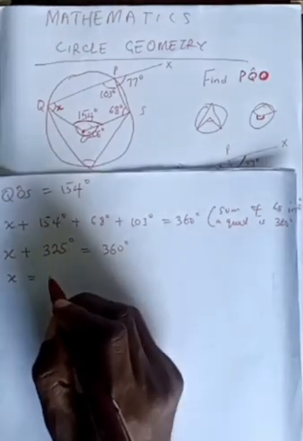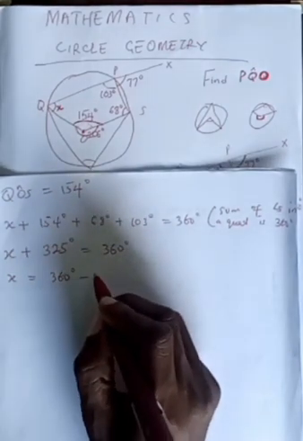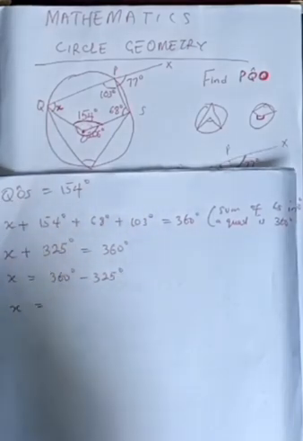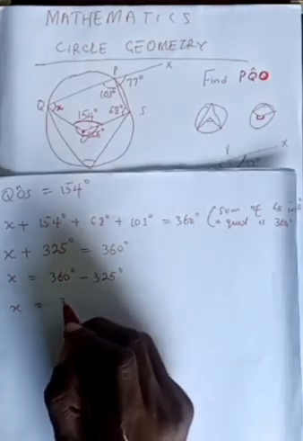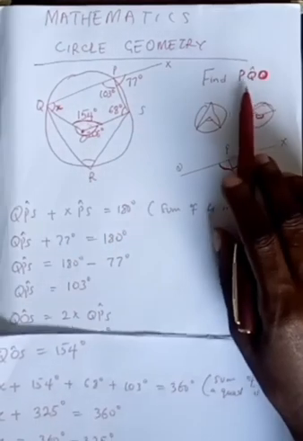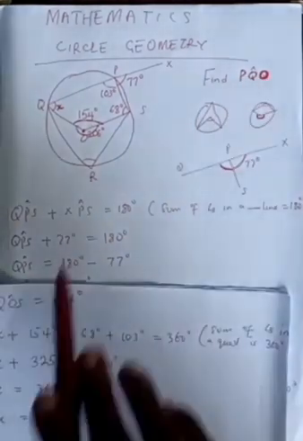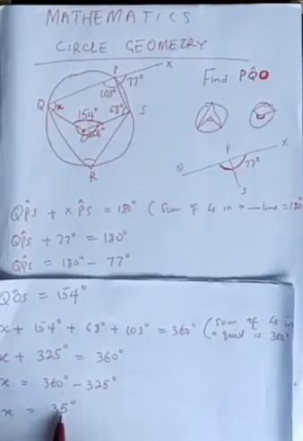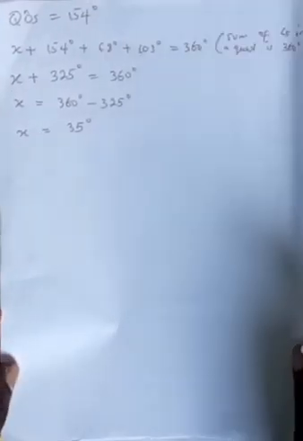X now becomes 360 degrees minus 325 degrees, and X gives the value of 35 degrees. So the value of PQO, which we have to find, which is equivalent to X here, is equal to 35 degrees. So that is the first question.